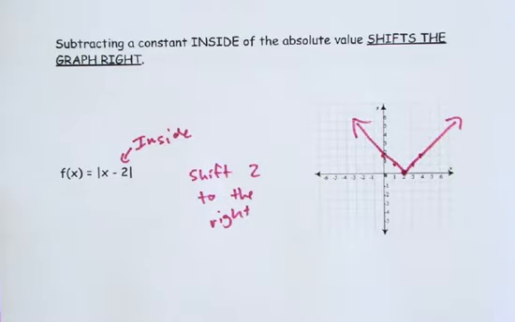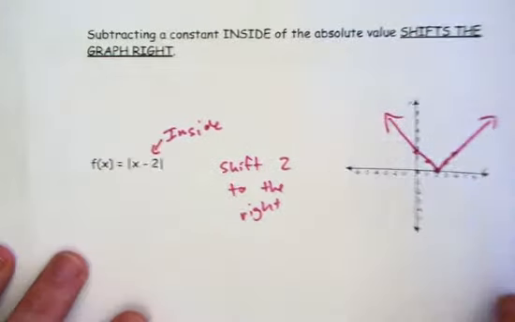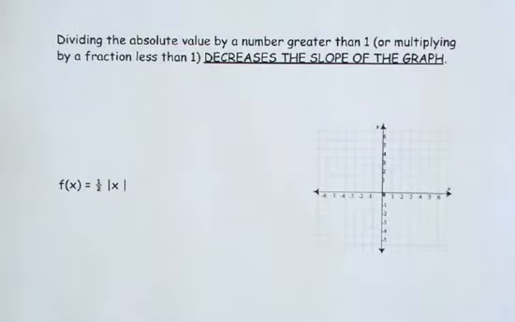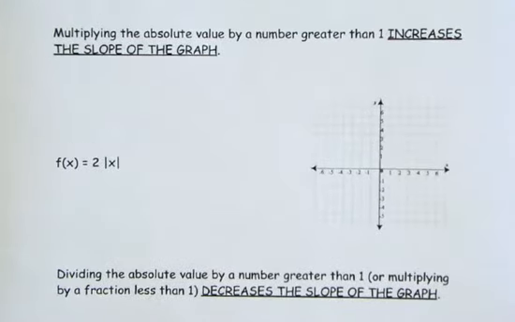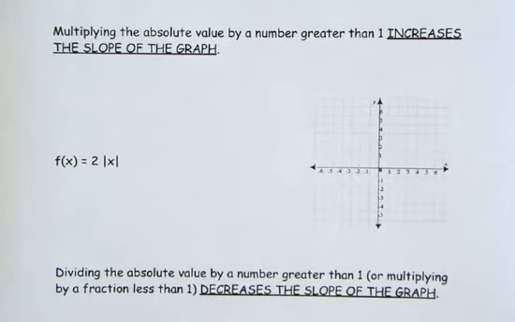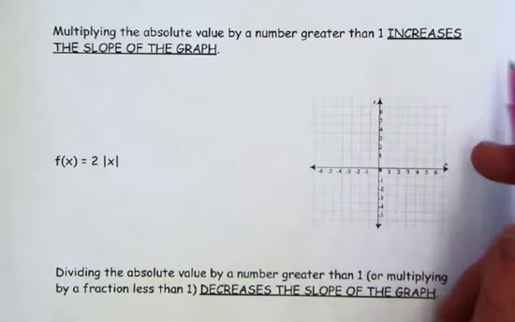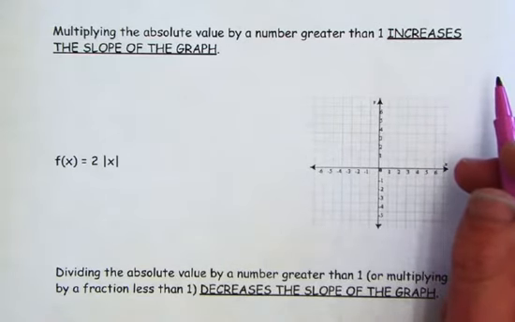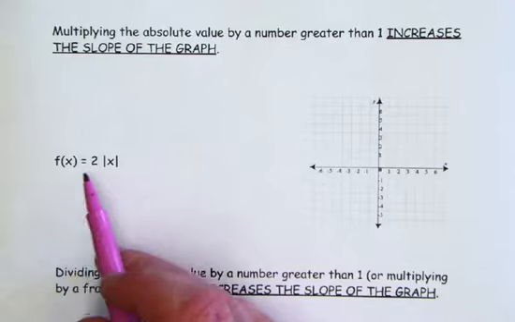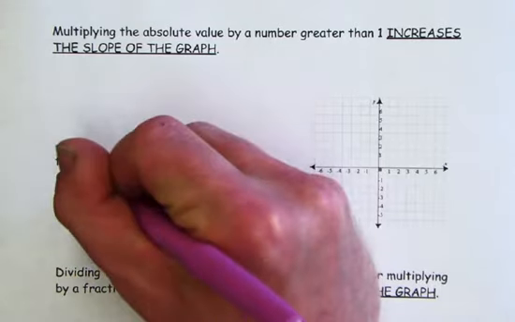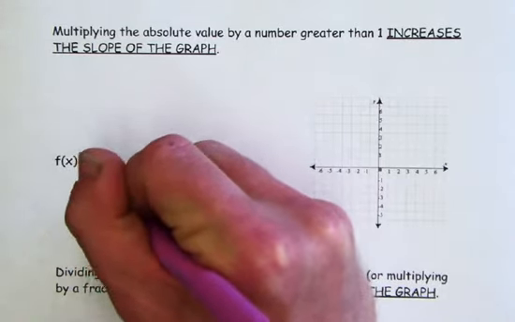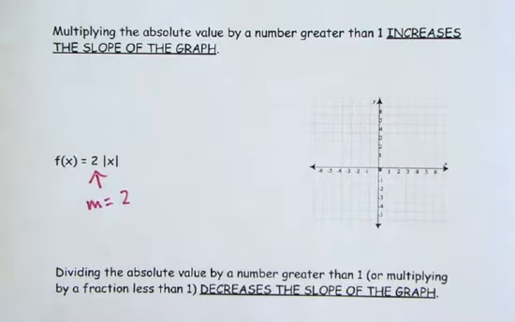All right. Finally, 2 last ones to look at, and that is if we have a constant multiplier on the outside of the absolute value. Okay? So multiplying the absolute value by a number greater than 1 increases the slope of the graph. Okay? So we have f of x equals 2 times the absolute value of x. Well, here, our slope has now become 2, right?